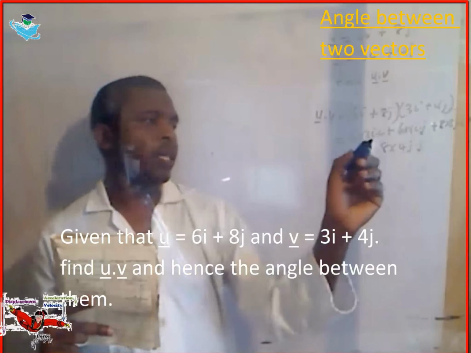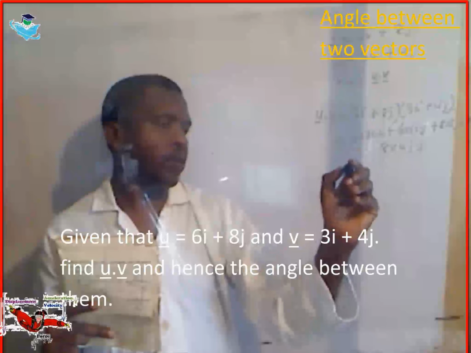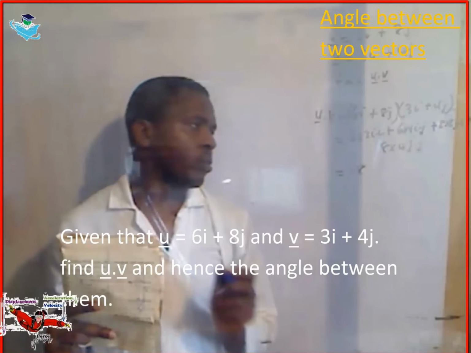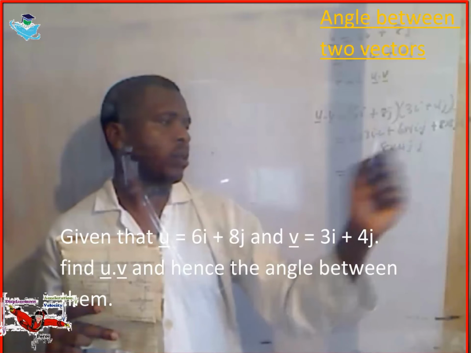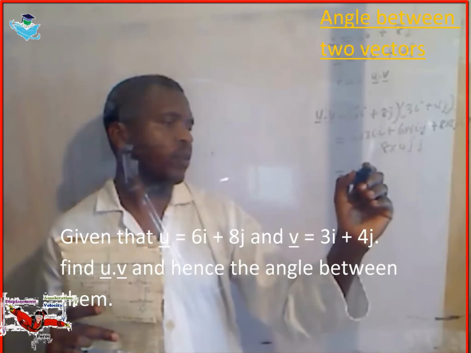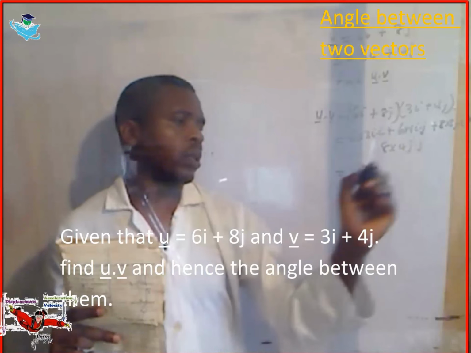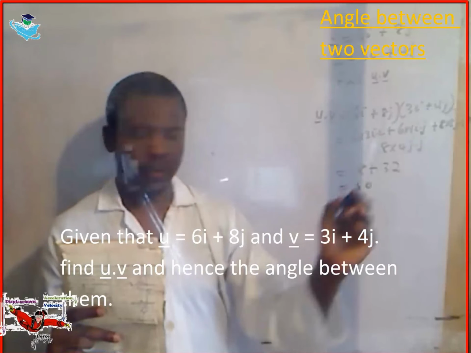We know that i dot i is equal to 1, so this is 6 times 3, which gives us 18. i dot j is 0, j dot i is equal to 0, j dot j is equal to 1, so this will give us 8 times 4, this is plus 32. So all of this will give us 50.